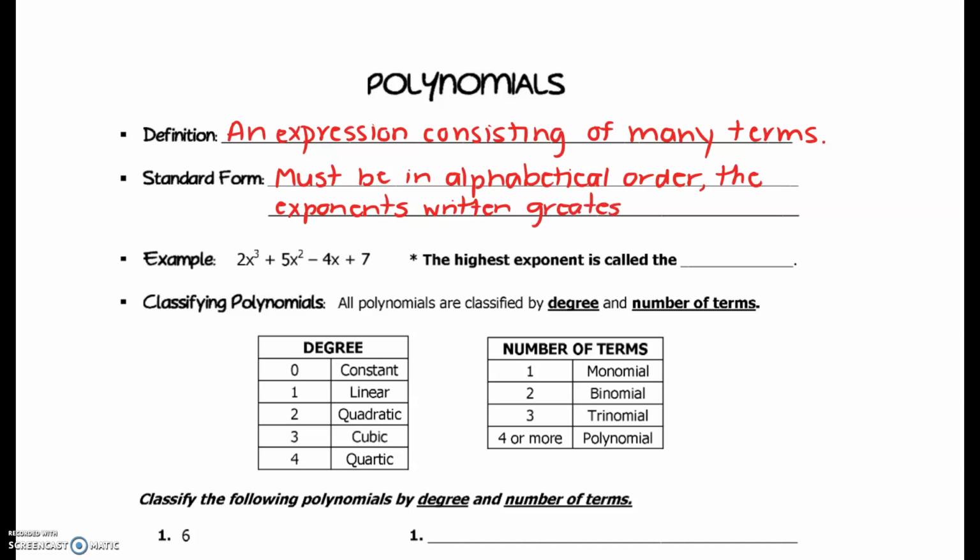So we want to start with that highest exponent and then put them in order all the way down to our smallest exponent.